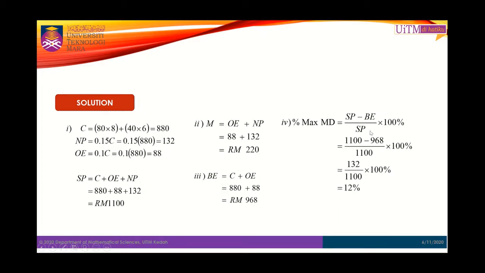So you can also use NP divided by SP if you have the value of NP. So you have 132 divided by 1100 multiplied with 100%, and you get 12%. So that is the solution for example 4.